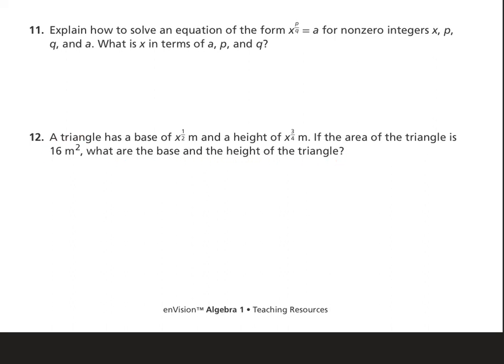So the first thing we need to remember is, what is our formula for the area of a triangle? Area of a triangle is 1/2 base times height, or base times height over 2. So my base is x to the 1/2.